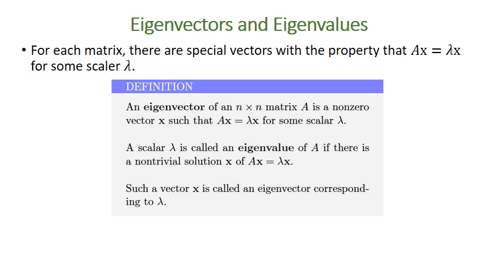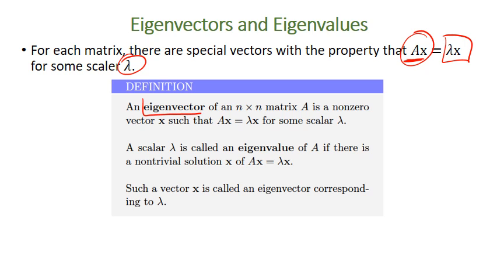Okay, so for each matrix, there are special vectors with the property such that AX equals lambda X for some scalar lambda. So just a Greek letter. So all it's saying is there is some scalar multiple that makes this equivalent. So here's the new terminology.